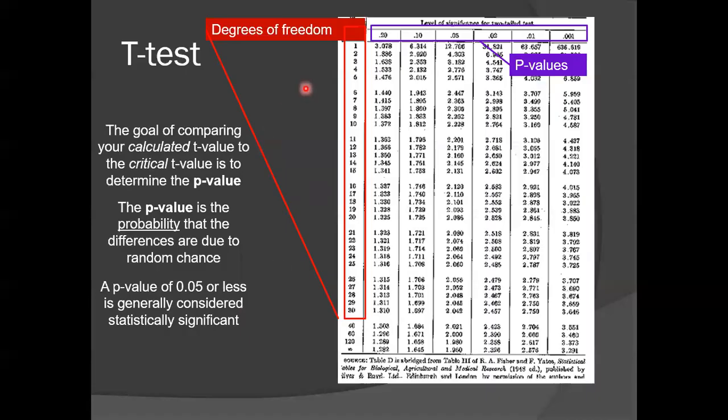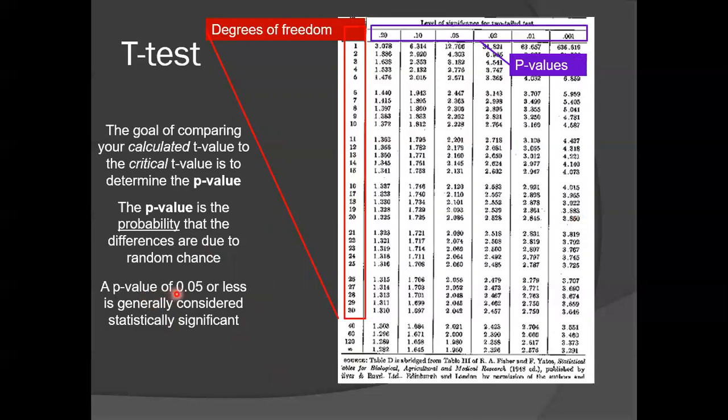We can then reference this chart, where we can compare that calculated t-value to this chart to determine our p-value. Our p-value is the probability that the differences in 2 data sets are due to random chance. So you can think of the p-value as a percentage.